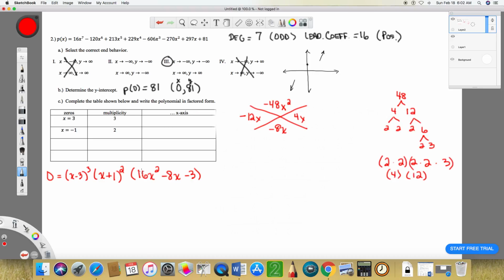With the leading coefficient different than 1, we want to chart it. So along one diagonal, we put our first term and our last term. And along the other diagonal, what we found in the x.